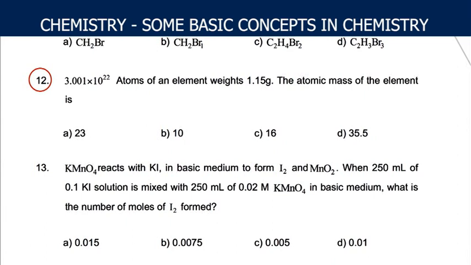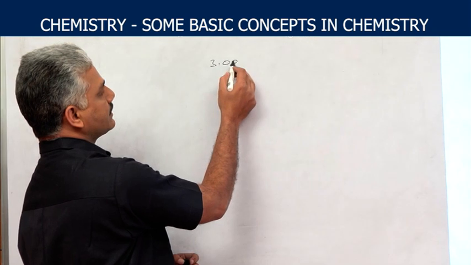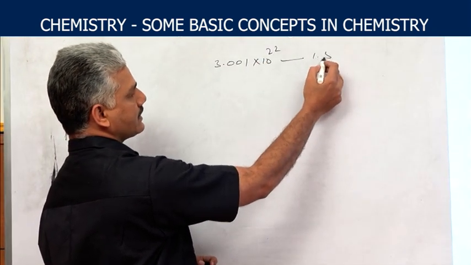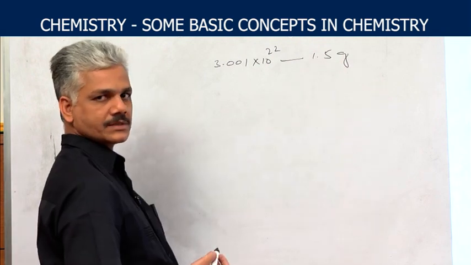3.001 into 10 power 22 atoms of an element weigh 1.15 grams. The atomic mass of the element is? The atomic mass, also called atomic weight, actually represents the weight of 1 mole of atoms. 3.001 into 10 power 22 atoms weight is given as 1.5 grams.